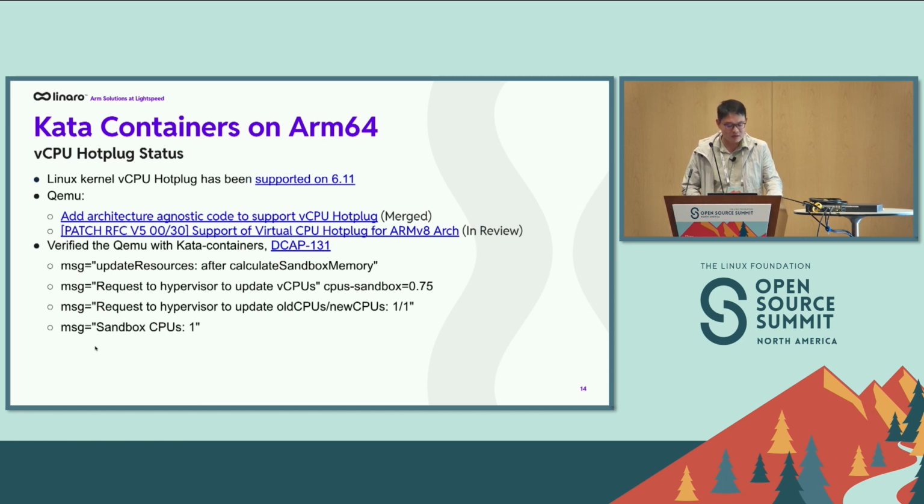And the problem here for Qemu is that there are 2 bunches of support. The first one in Qemu is architecture agnostic, an architecture-neutral support. This one has already been merged. And the other one here is the vCPU hotplug for ARM v8. This one is still work in progress.